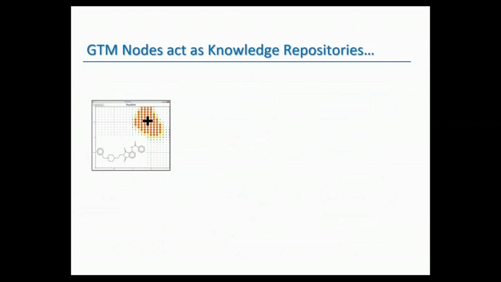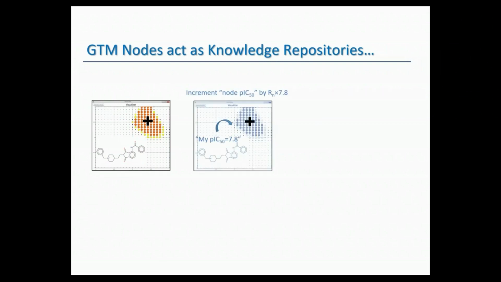Why? So GTM nodes act as knowledge repositories. Take a molecule, this molecule is active, it has a pIC50 of 7.8. So what I do when I create the landscape, I will increment the node pIC50 by 7.8 multiplied by the residence time. So the nodes in which this molecule resides a lot will be impacted a lot by this 7.8.